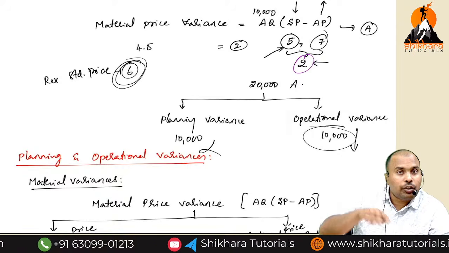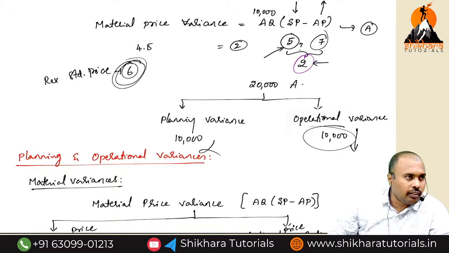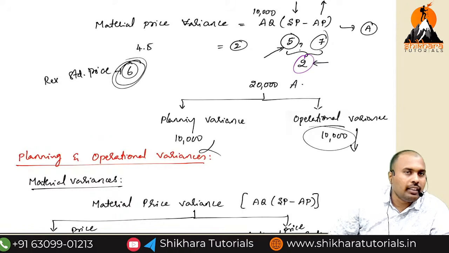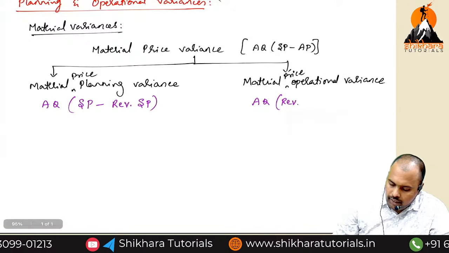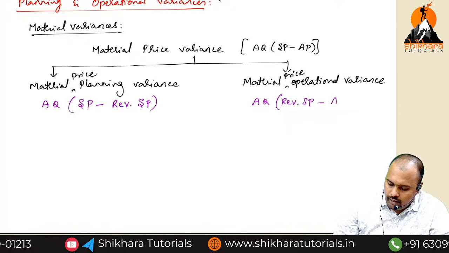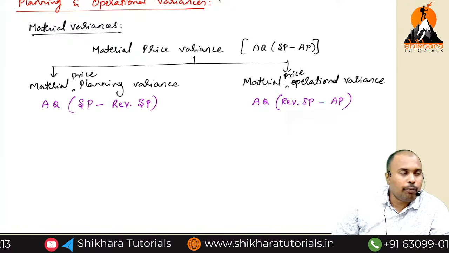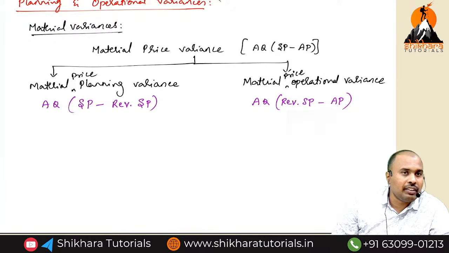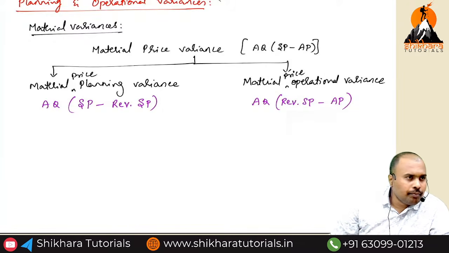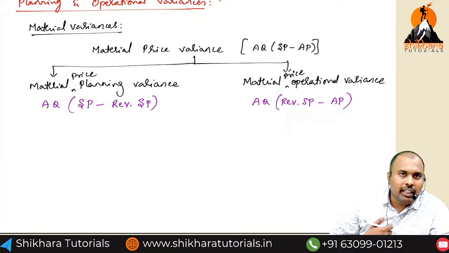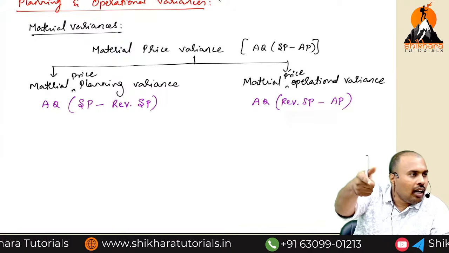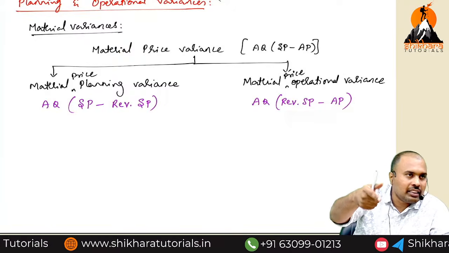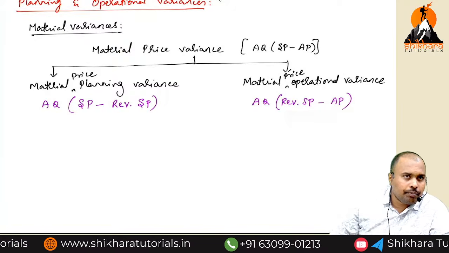You are supposed to take the revised standard, not the standard. So the formula is revised standard price minus actual price. The actual price has to be compared with the revised standard, which is nothing but the correct standard. So for my inefficiency, you have to compare my actual price with the correct standard, which is nothing but the revised standard. Understood the formula, right?